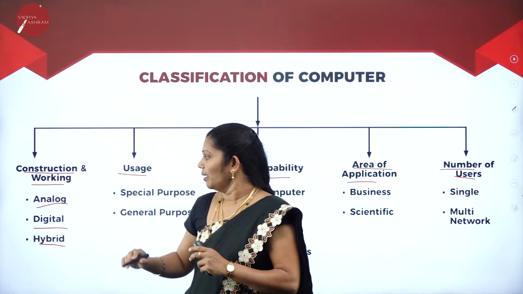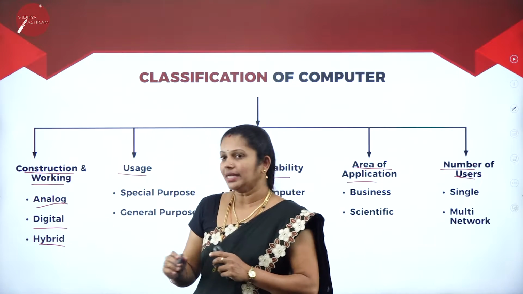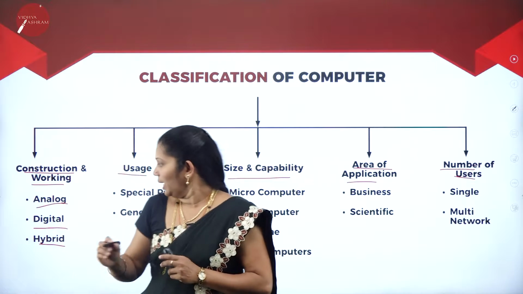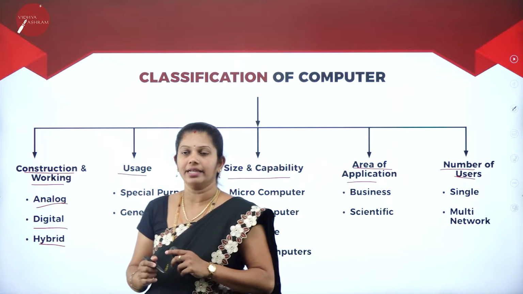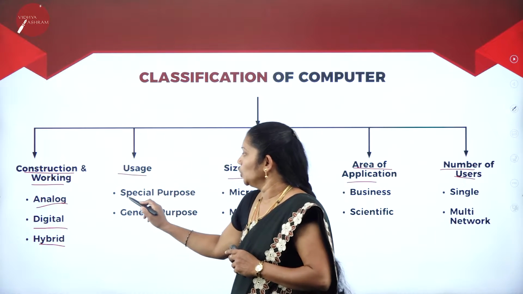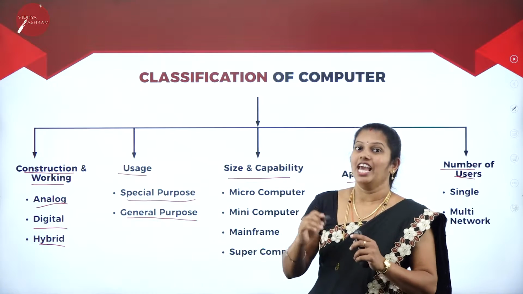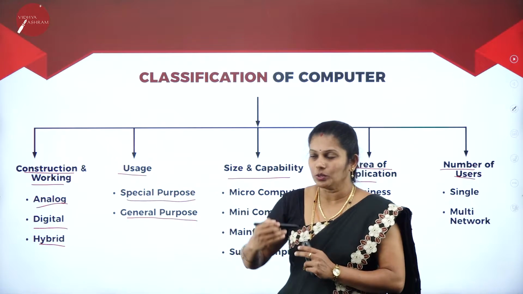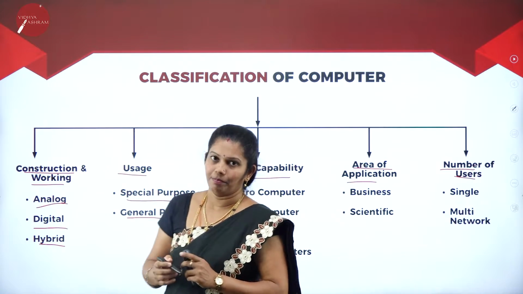Analog computer uses continuous data, whereas digital computer uses discontinuous data, and hybrid computer is a combination of analog and digital computer. Then usage: special purpose as well as general purpose, that is, for which purpose we are using the computer.